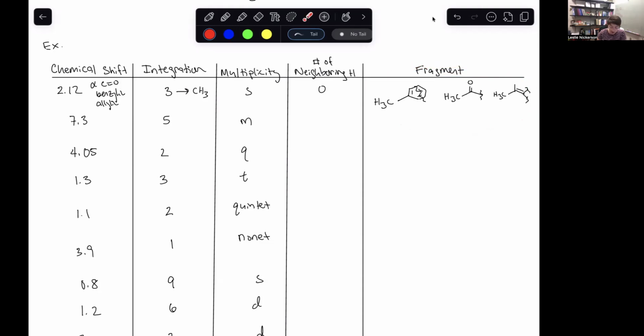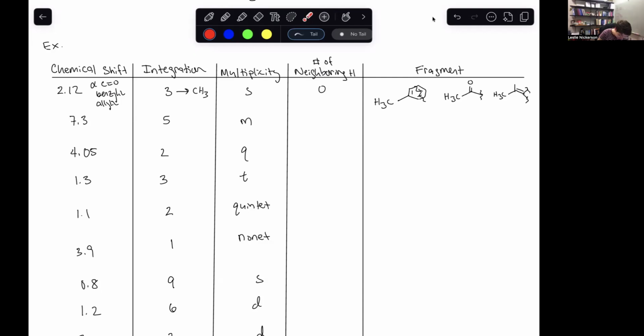So for instance, if I had evidence of a carbonyl in my carbon NMR and in my IR, I'd probably be tending towards the alpha to carbonyl situation. If I had evidence of a benzene in my carbon NMR or my IR, maybe I'd be going more towards that benzylic situation. So the context there is going to be really helpful.